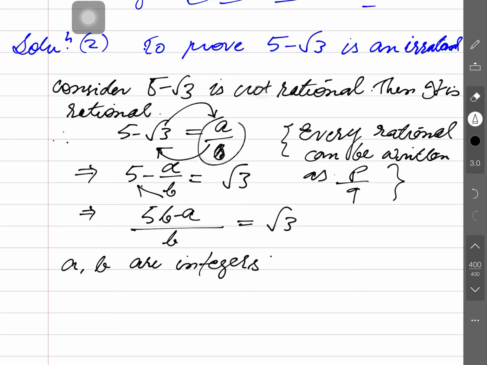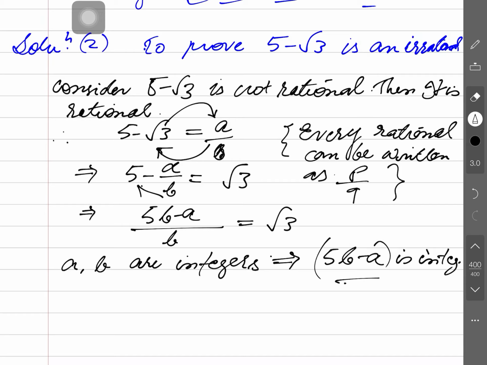So next, since they are integers, 5b minus a is an integer. Tell me why this is an integer?